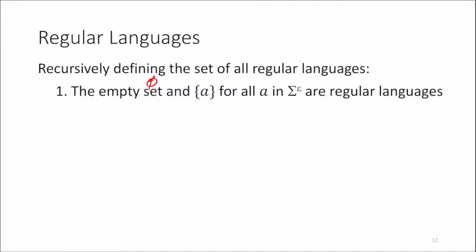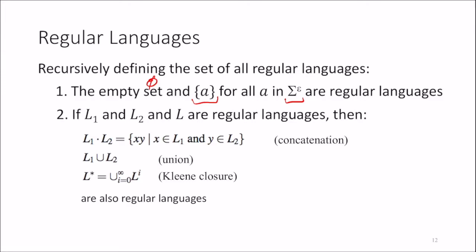The other base case is this one, which is a set containing exactly one string, and that string is one symbol from the set of your alphabet, and includes the epsilon, the empty string. Once we have the base case, then we can recursively define what a regular language is by combining these regular languages from the base case together.